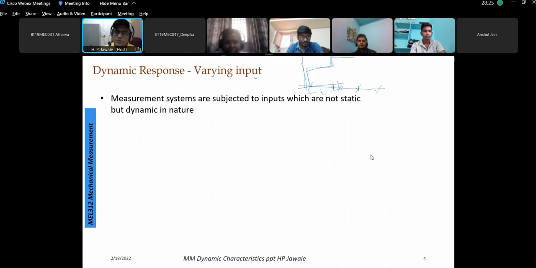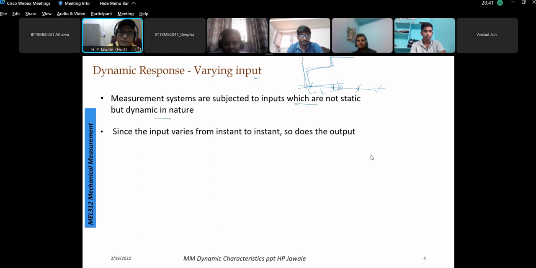So in this condition, we need to take into account input changes which are not static, but dynamic in behavior. The input is changing very rapidly, in a time smaller than the sluggishness of showing the output.